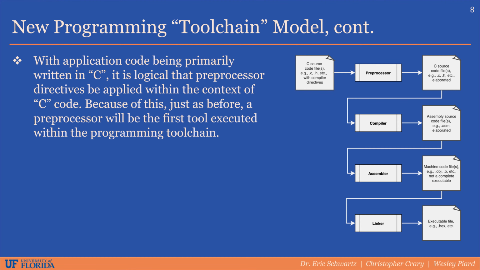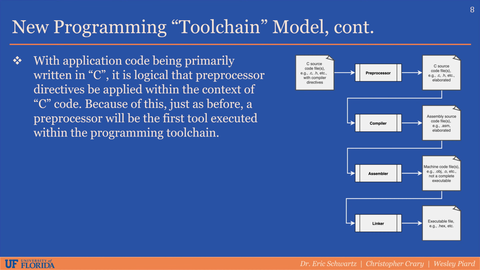Now, to understand this, let's remember that preprocessor directives were primarily to quote-unquote preprocess our code, anything meant to organize or anything similar to handle the code before the remainder of the tools within the toolchain actually manipulate and assemble our code, or now in our case compile our code, etc. So what this means is now our source code files written in C are actually going to have some form of preprocessor directives, where these preprocessor directives, instead of being called assembler directives normally, will be now usually called compiler directives or simply preprocessor directives.